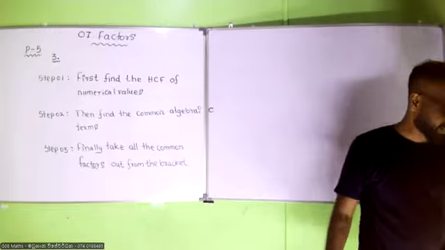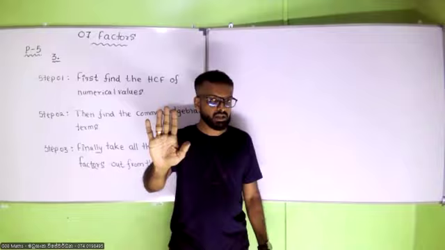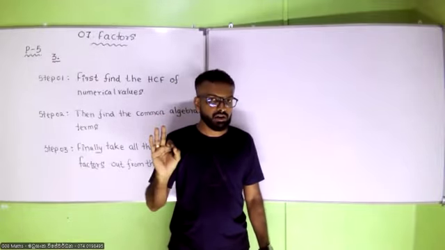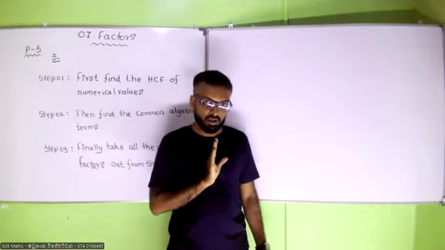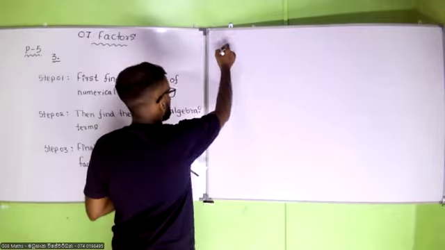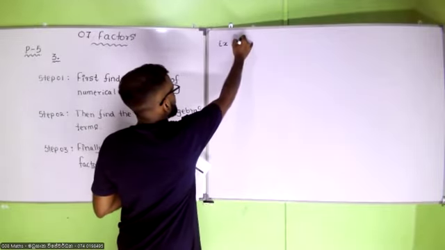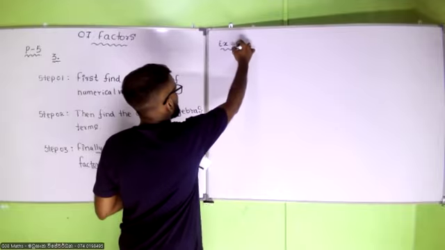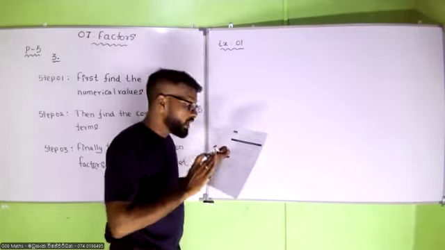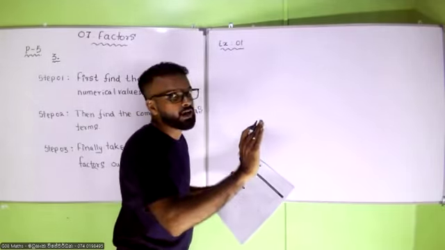Okay, guys. So let's do example number 1. First of all, please don't write. Once I tell you to write, then jot down. Example number 1: write the expression 12a plus 18b as a product of factors.